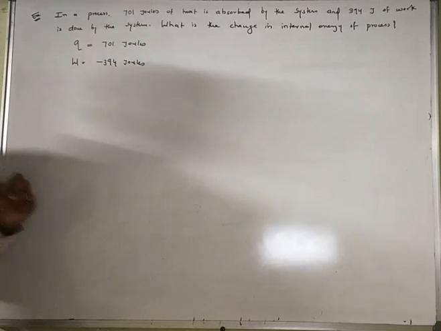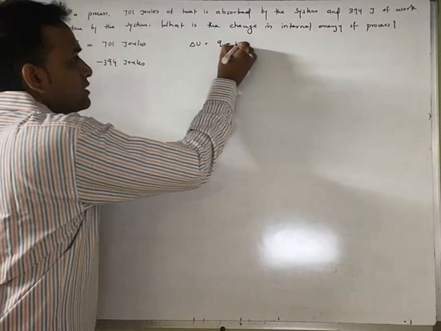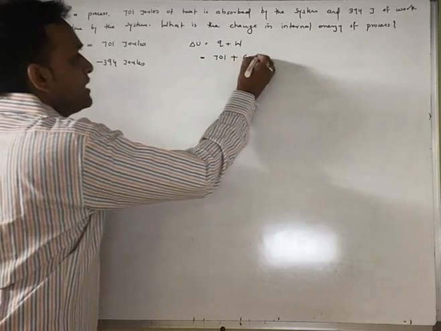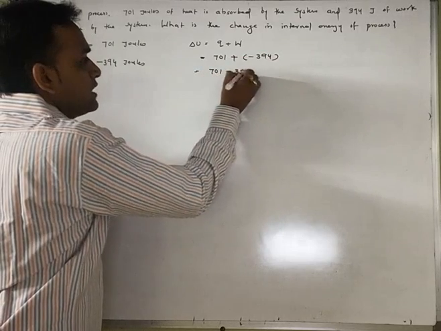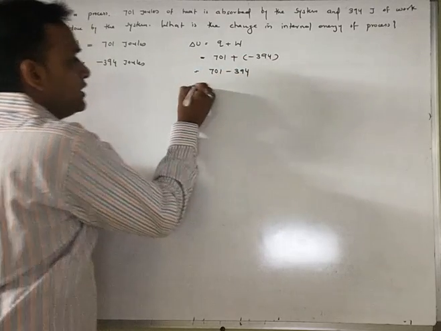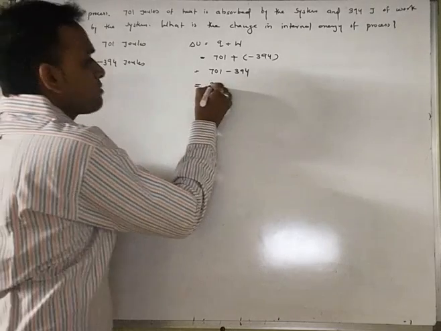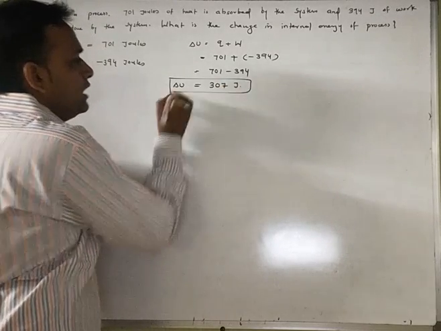According to the first law of thermodynamics, delta U equals Q plus W. So what is Q? 701 plus minus 394. So 701 minus 394, whatever you get, this is delta U, that is 307 joule. Right? This is called the internal energy.